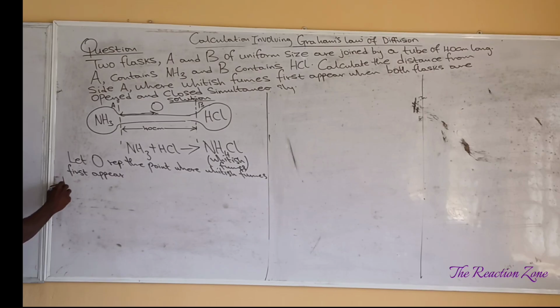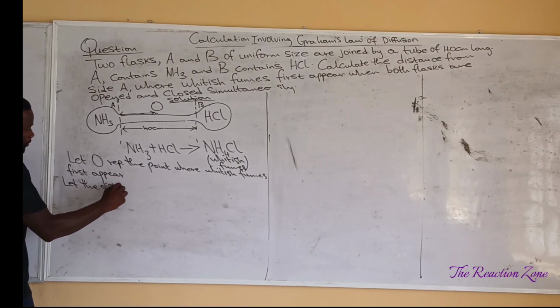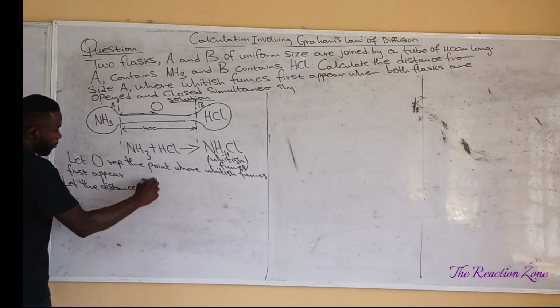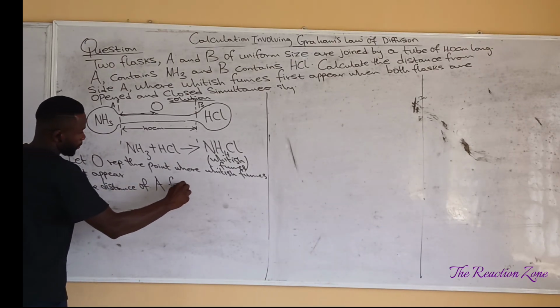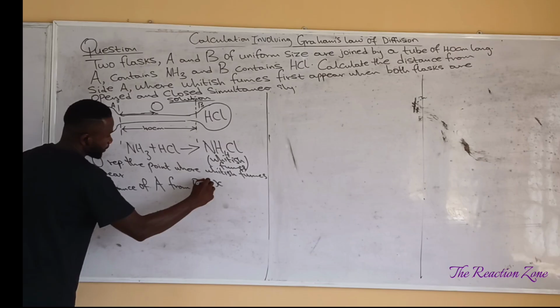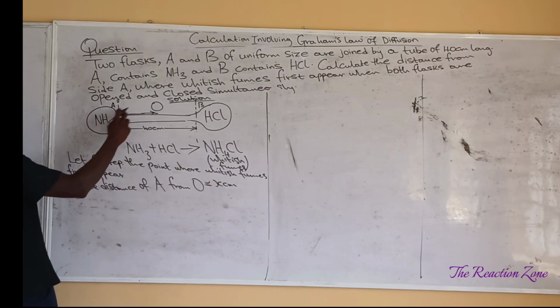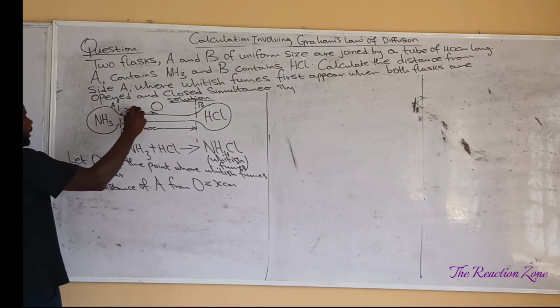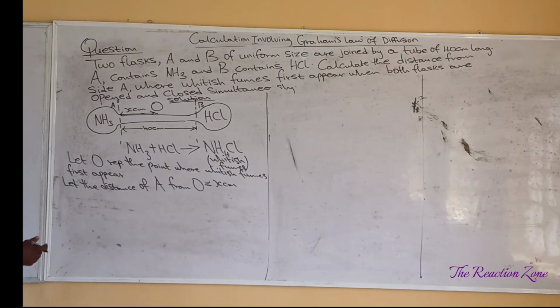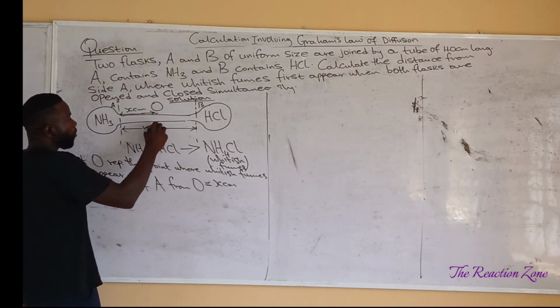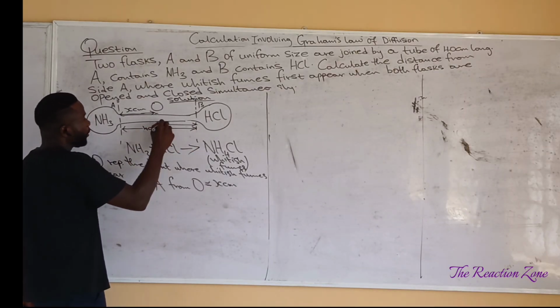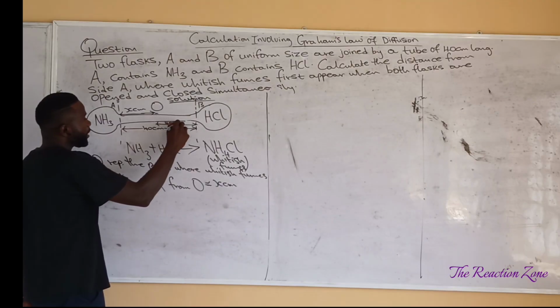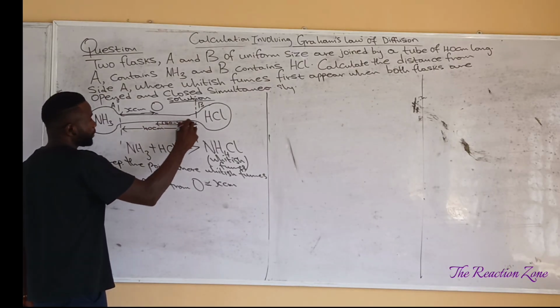So we make another assumption. Let the distance of A from O be X centimeters. So it means that the distance from this point to this point is X centimeters. If this is the case, it therefore means that the distance of O from B will be 40 minus X centimeters.